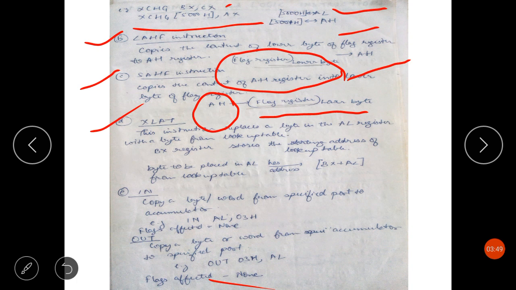This instruction replaces a byte in the lower byte of the accumulator register with a byte from the lookup table. How do we get to know which byte from the lookup table?